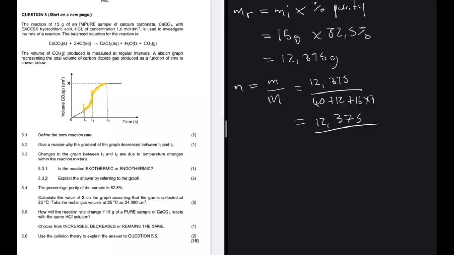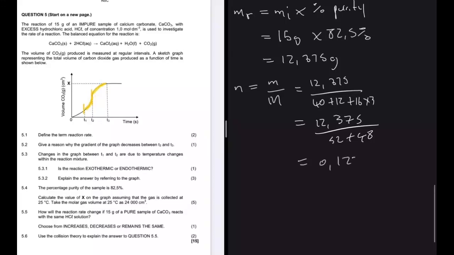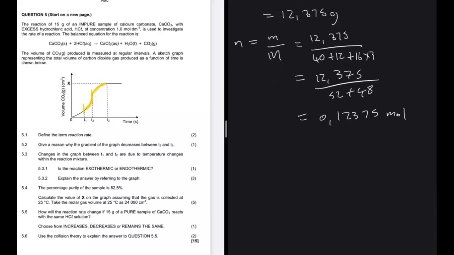So we have 52 plus 48. So we just have 12.375 divided by 100, which gives me 0.12375 moles, right, of calcium carbonate.